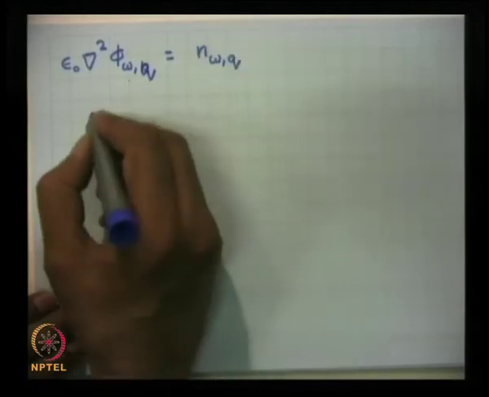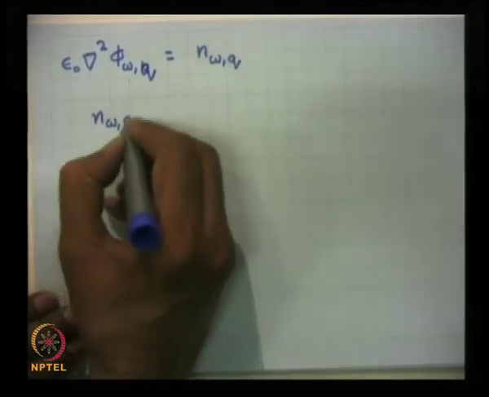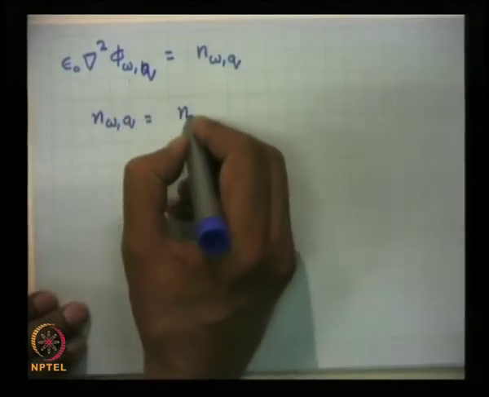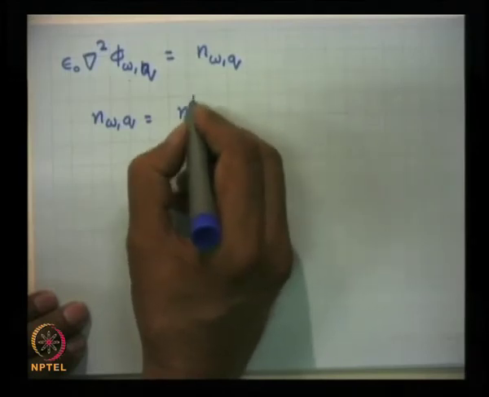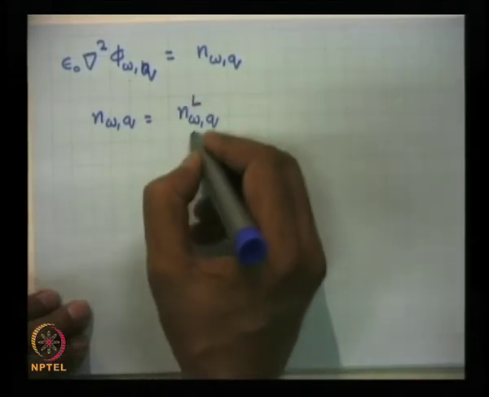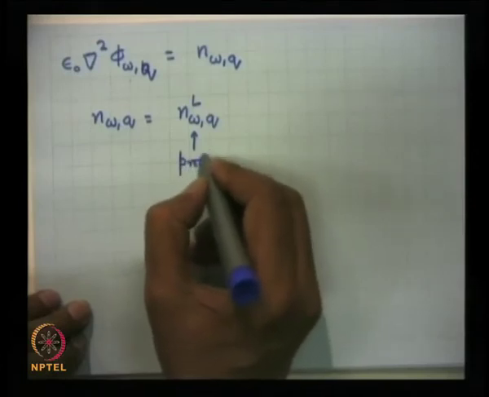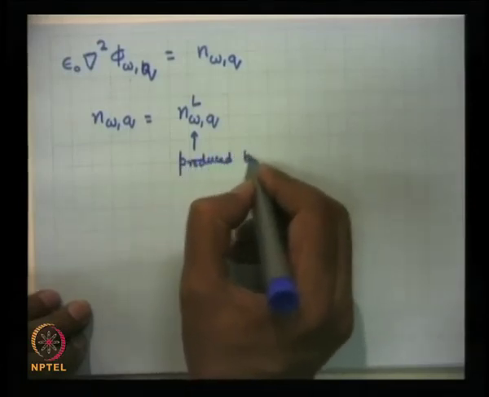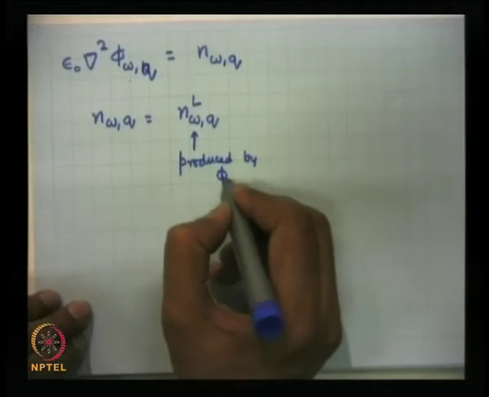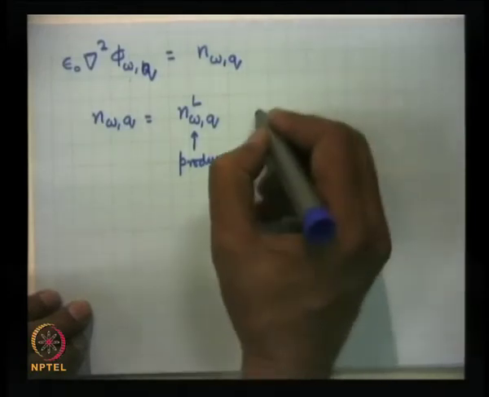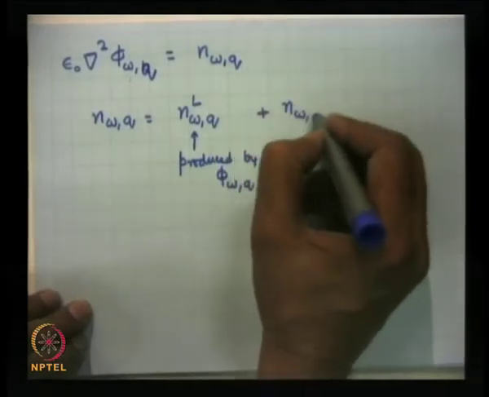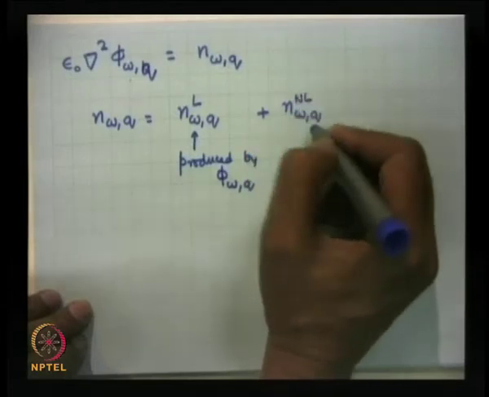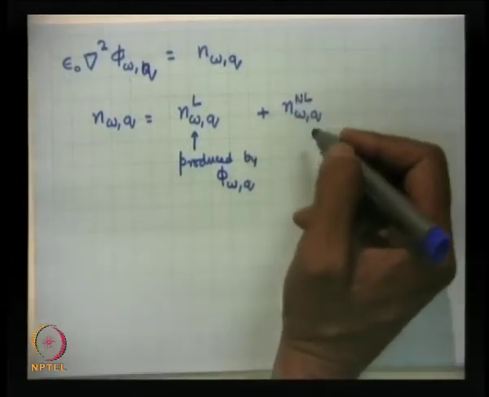So, I write n omega q as n omega q linear, which is produced by phi omega q, plus n omega q nonlinear, which is produced by the pump wave, which is the outside wave.